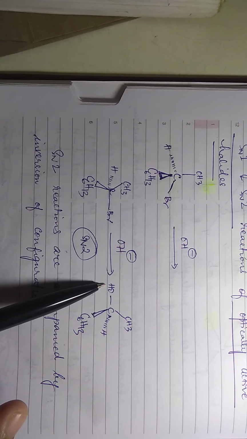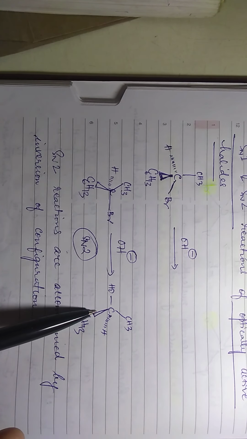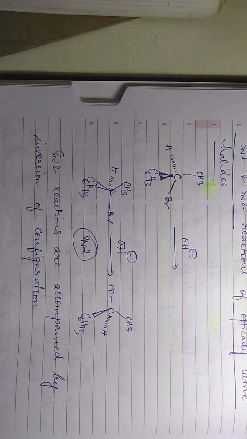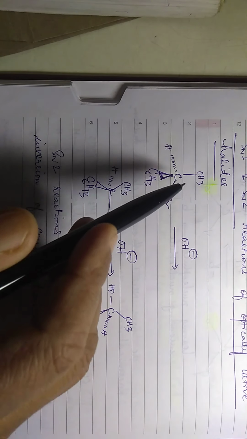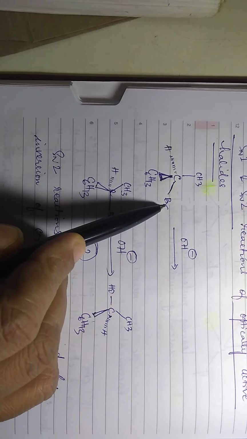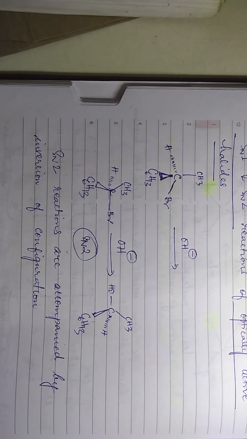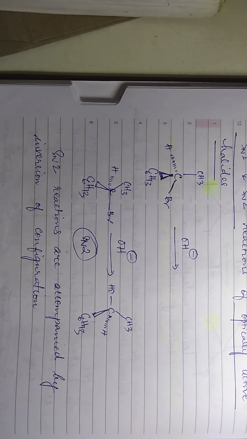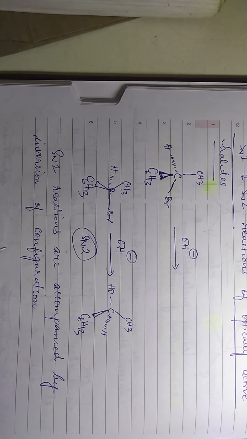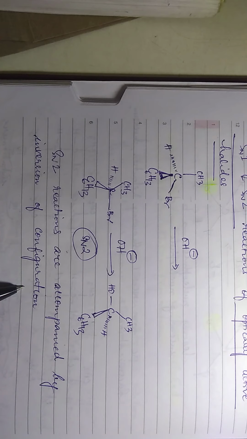OH is to the left of carbon. So this is inversion. Now why is this inversion? After the loss of this Br, this carbon will be planar. That is for SN1 reactivity. For SN2 reactions, it is always accompanied by inversion of configuration.